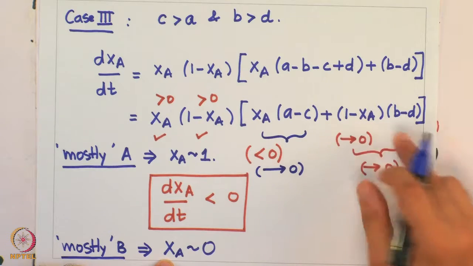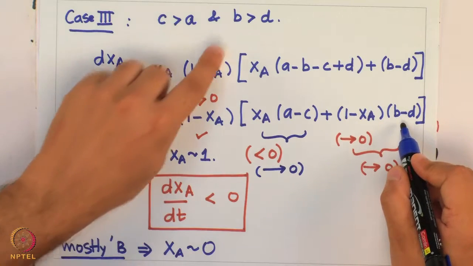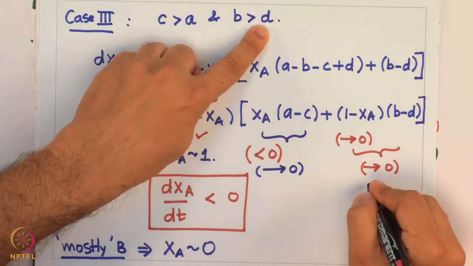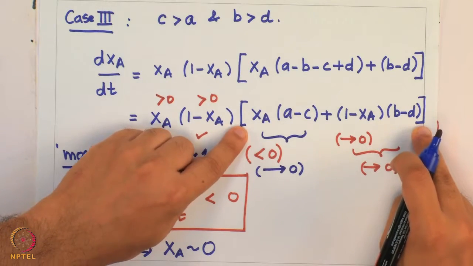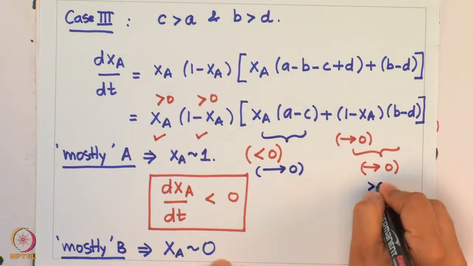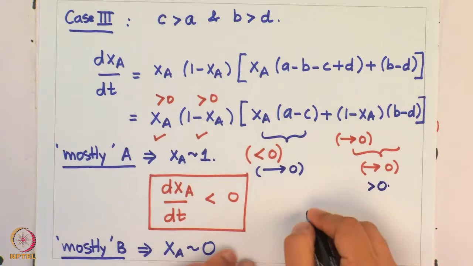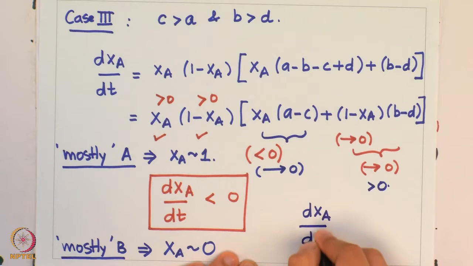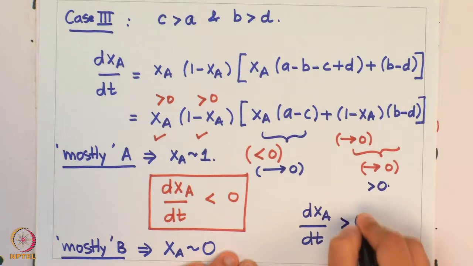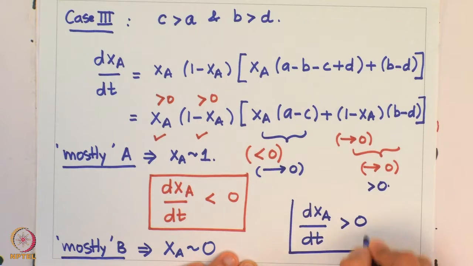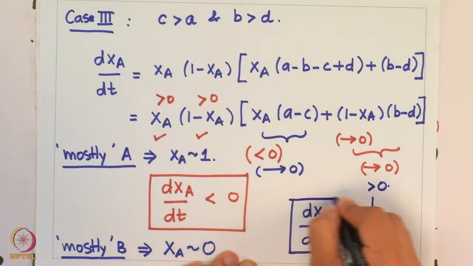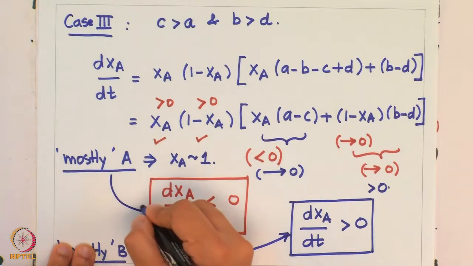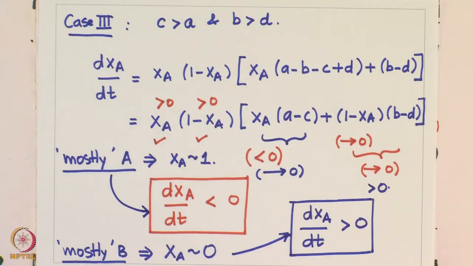Whereas 1 minus x A is multiplying with b minus d, and b minus d in the given set of conditions is greater than 0. Hence, this expression in the bracket in this condition is greater than 0, which implies dx A by dt is greater than 0 for this condition, whereas for the other condition dx A by dt is less than 0.